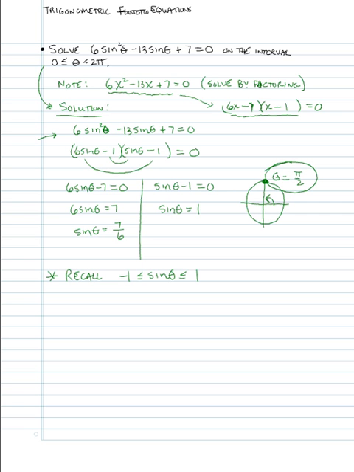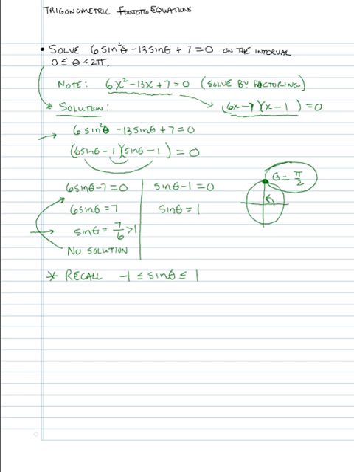The sine of theta always has to be between negative 1 and 1. And look what we have here. We have the sine of theta is 7 over 6, and 7 over 6 is bigger than 1, isn't it? So that means there's no theta that can give us the value 7 over 6 when we take the sine of it. So there is no solution to that equation.